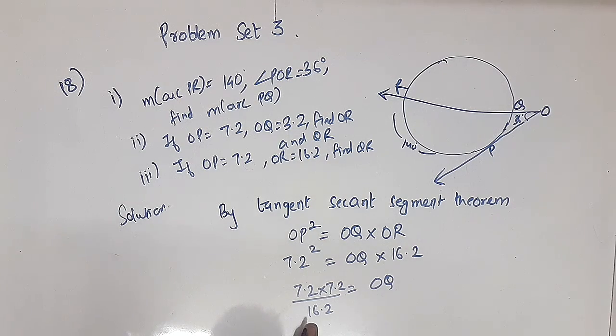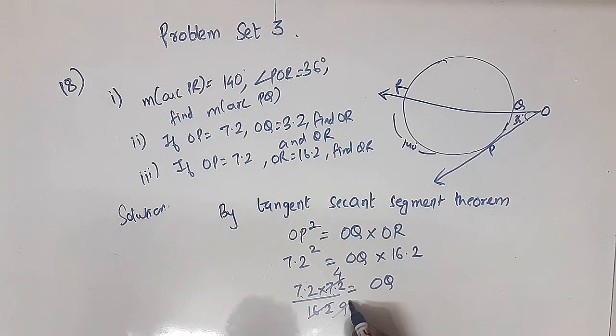Now both come in the table of 18. So 18 4s is 72 and 18 9s is 162. You don't consider that I have taken 18, I have taken 1.8. 1.8 4s is 7.2 and 1.8 into 9 is 16.2.